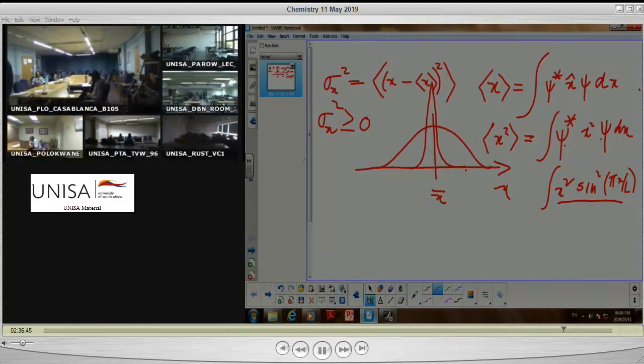The thing is, you want to have a very small value of the square of the standard deviation. Here, or here.